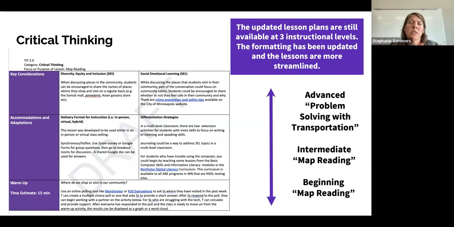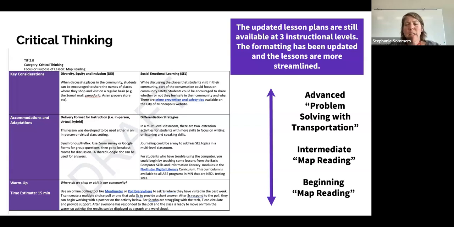To bring in a little diversity, equity, and inclusion, we wanted to make some of those places reflect the communities our students live in. So maybe it could be the Somali mall, the Panaderia, the Asian grocery store, rather than just those generic labels that we often see on worksheet maps.